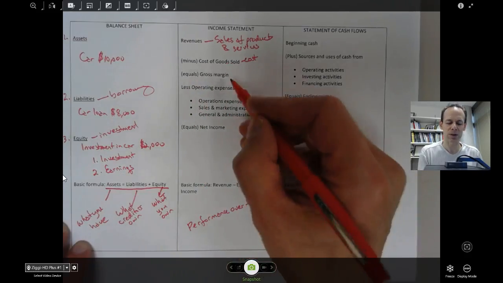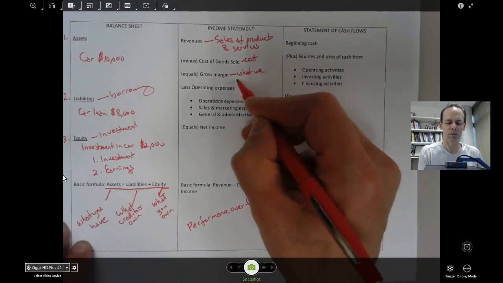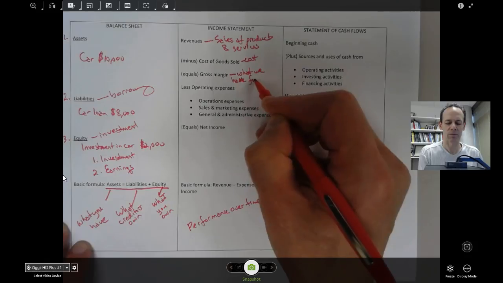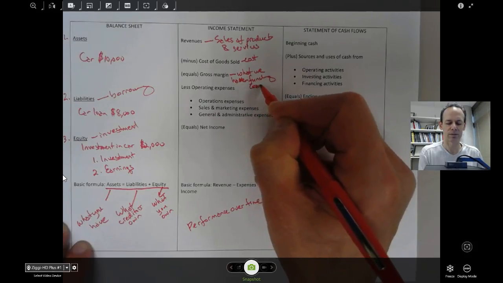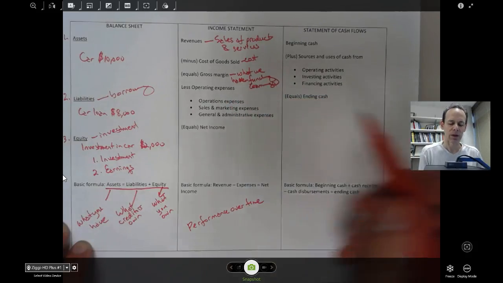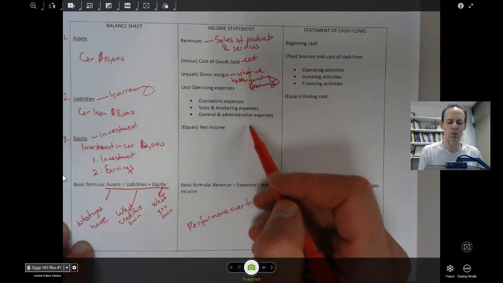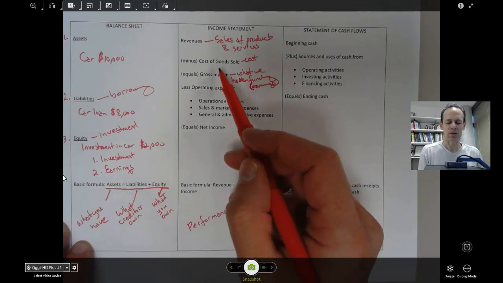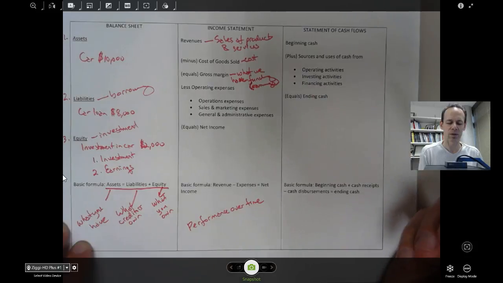And the gross margin basically lets us know what we have to work with in terms of funding or earnings before operating expenses, so that we can evaluate what we need to do in order to generate the sale of these products, in order to generate that revenue.